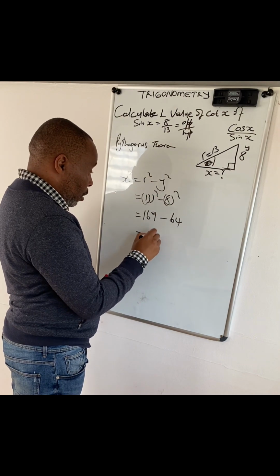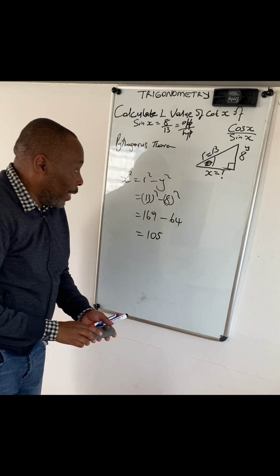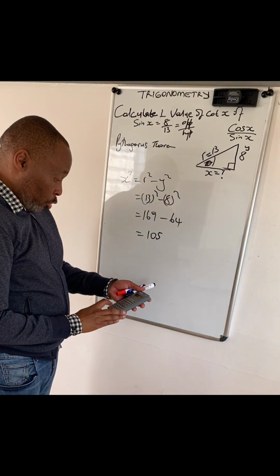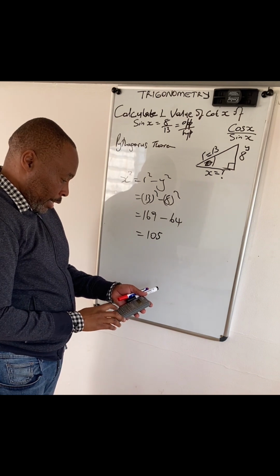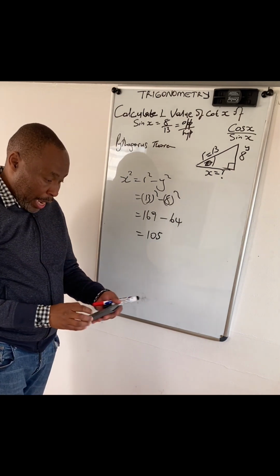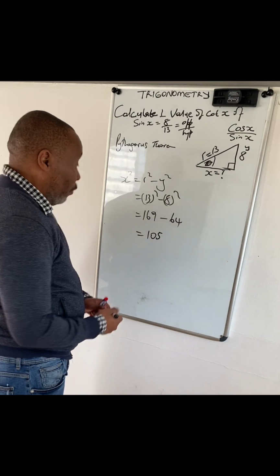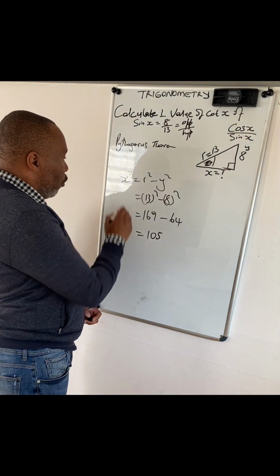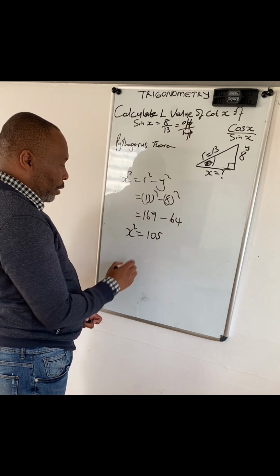Am I correct? Let me quickly check my calculator. 105, I'm correct. But remember, we are not looking for x squared, we are looking for x. Therefore x squared is equal to 105.